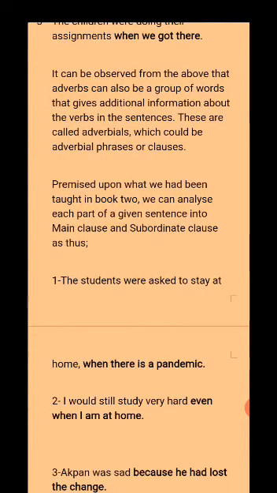They encapsulate a larger or smaller unit of language. So what we are trying to say here is that when we say adverbials, it can be a phrase or a clause, as the case might be.